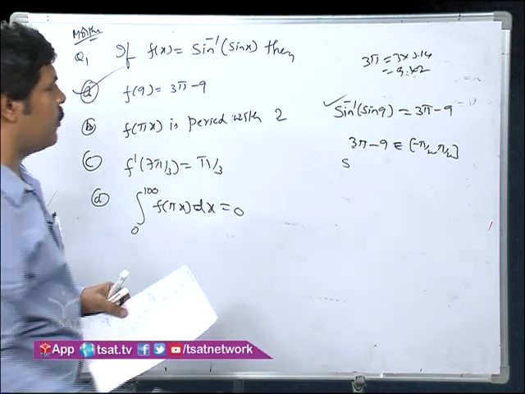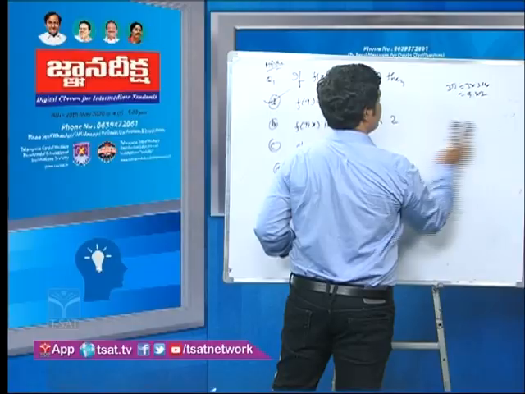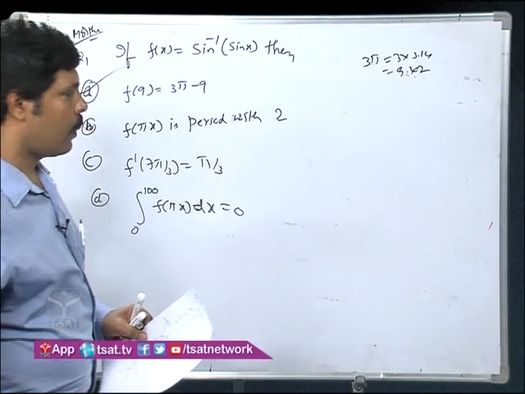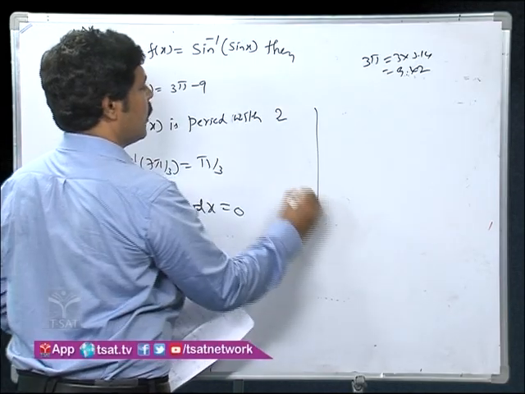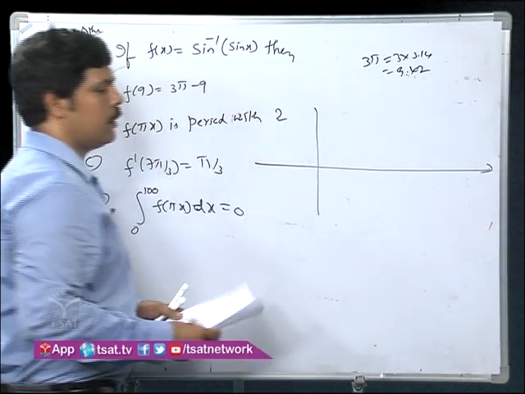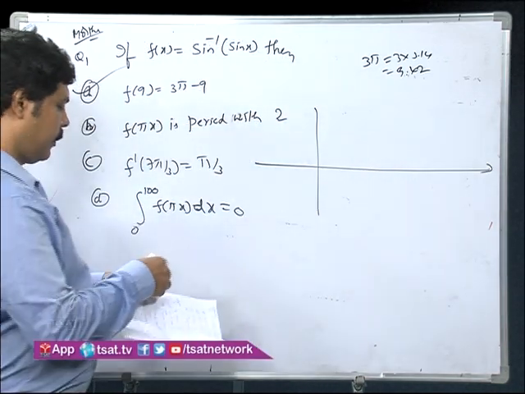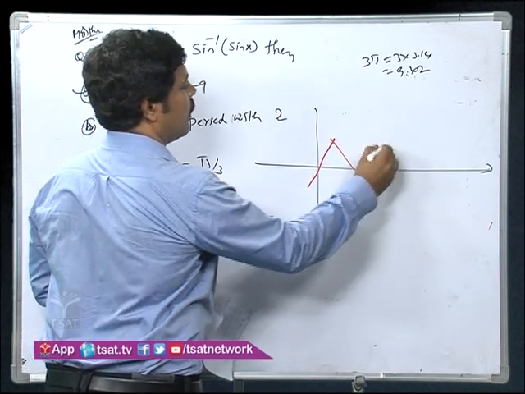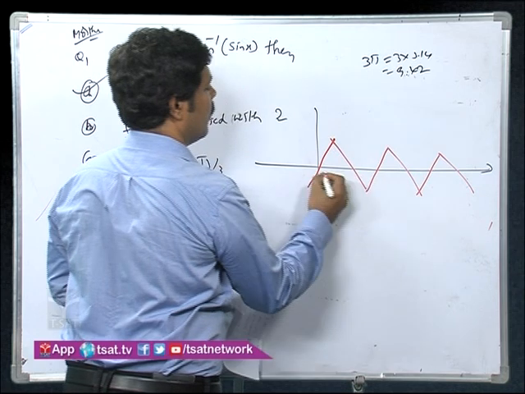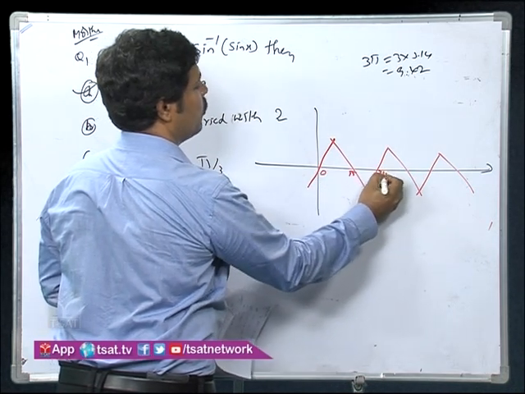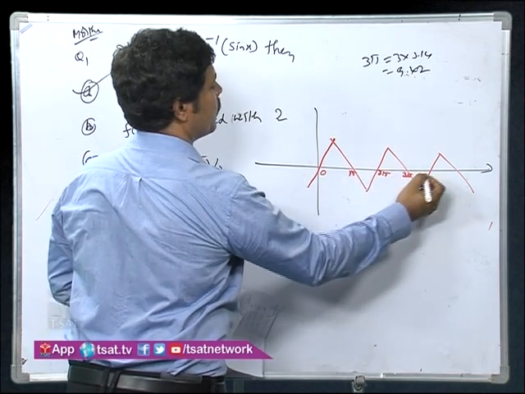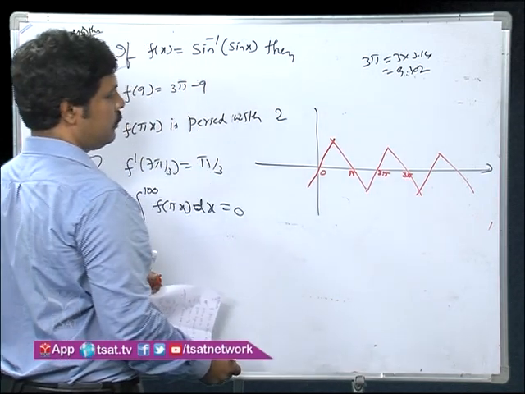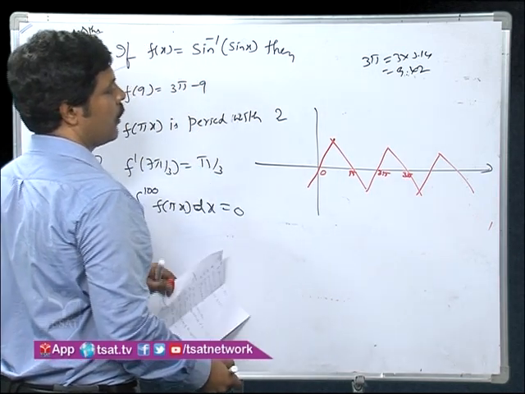We can also solve the same problem by using the graph. We draw the graph for 0, pi, 2 pi, 3 pi, okay, 4 pi.